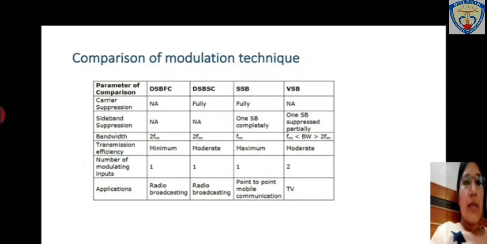Whereas in DSB-SC, the bandwidth is 2 Fm, and no carrier is present, but the bandwidth is the same as that of DSB-FC. If we look at the applications, DSB-SC and FC are both used in radio broadcasting, while SSB is used in point-to-point mobile communication.